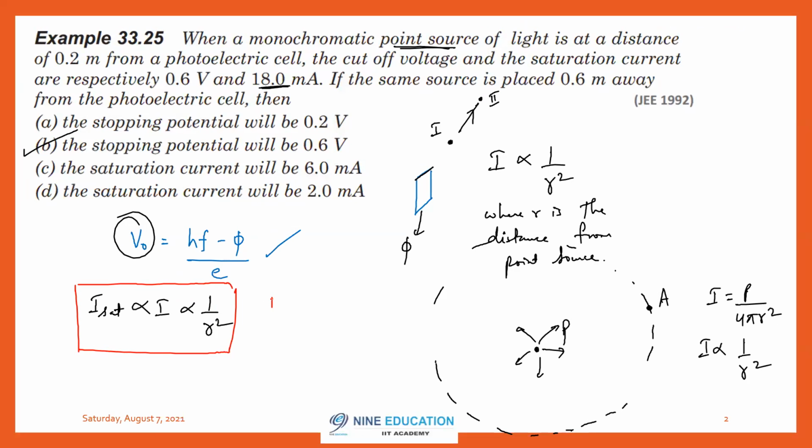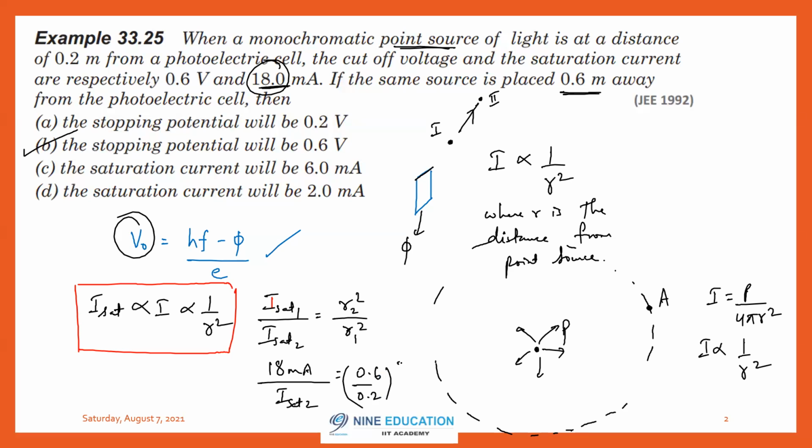So tell me, what is ISAT1 by ISAT2 in this case? ISAT1 by ISAT2 is equal to R2 square by R1 square. ISAT1, the saturation current initially, is 18 milliamperes, divided by ISAT2, equal to the final distance, 0.6, divided by the initial distance, 0.2, whole square.